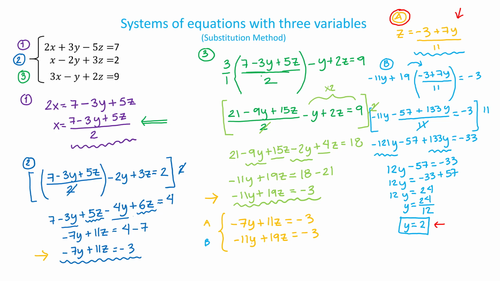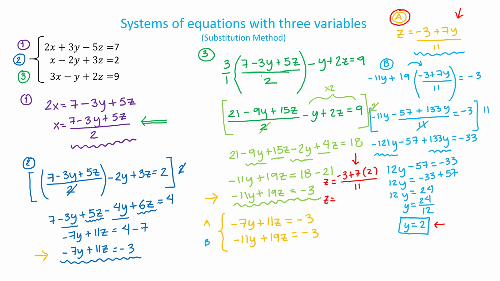So I can substitute the value that I just found of y in that equation to find the value of C. Since I don't have much space here, I'm going to use this empty space that I have. So it says C equals minus 3 plus 7 times y, which I just said is 2, over 11.